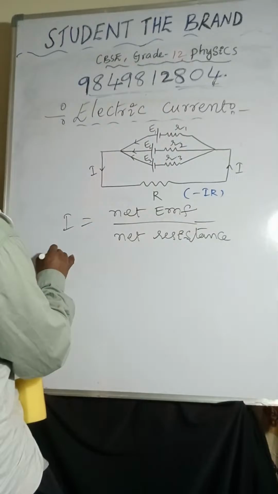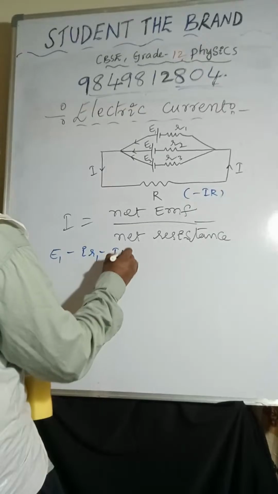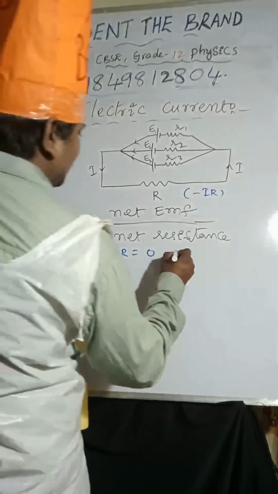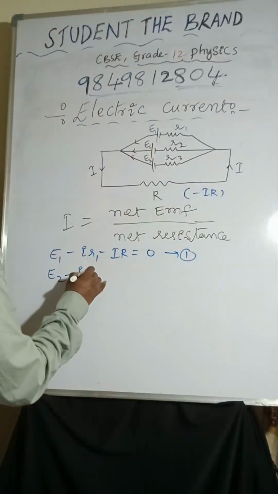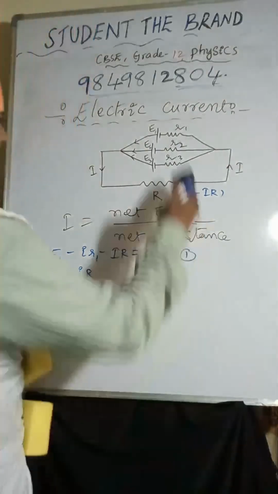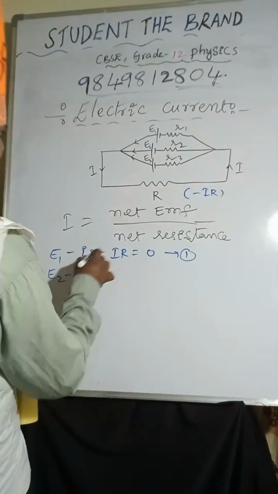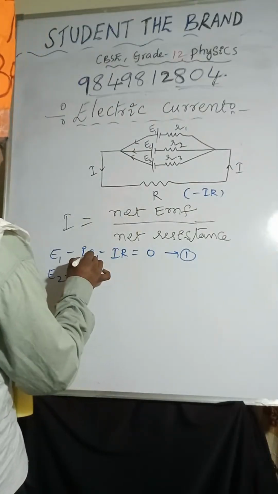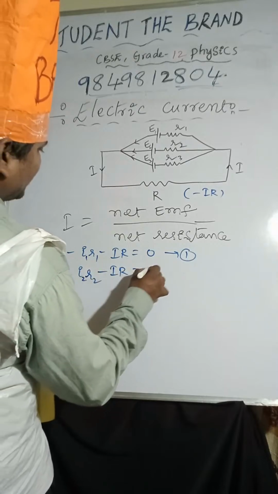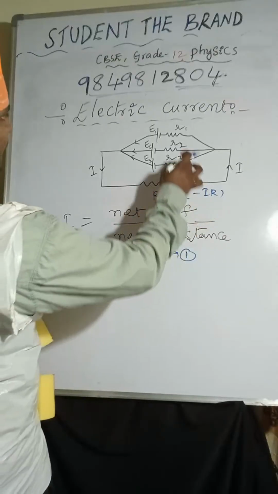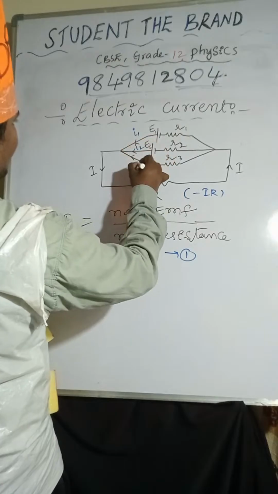So the first equation: E1 minus I1R1 minus IR equals 0, equation 1. Next, equation 2: E2 minus I2R2 minus IR equals 0. The overall current here is the same, but I1, I2 and I3 will go through the cells.